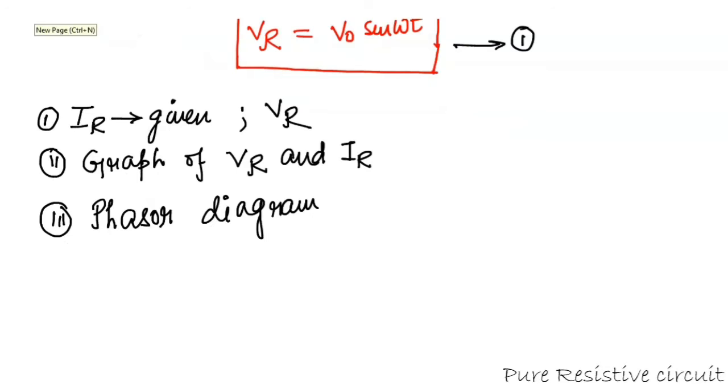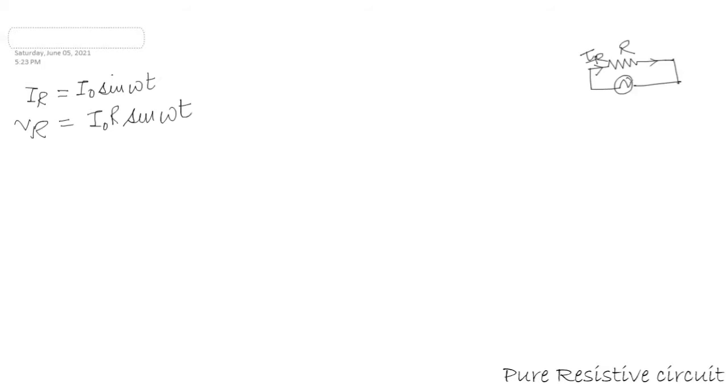Let's take a new page. Initially the circuit was given something like this. A resistance is connected and an AC voltage is given across it. IR is flowing, and the resistance is R. Now we have found IR equals I naught sine omega t and VR equals I naught R sine omega t.